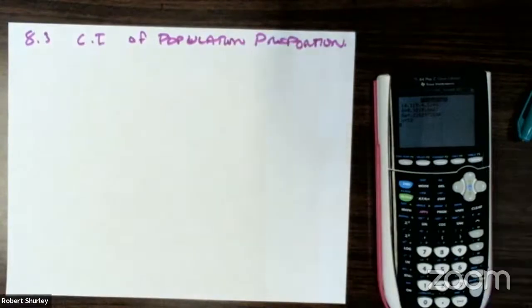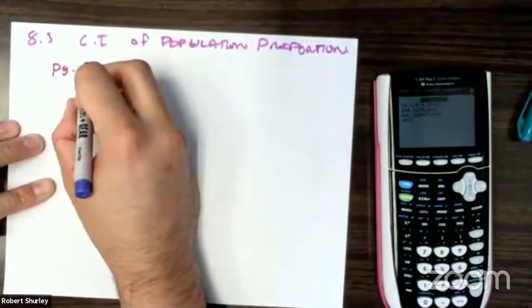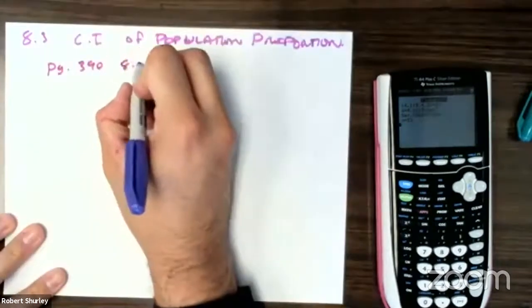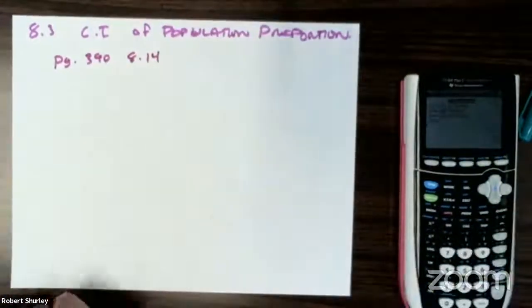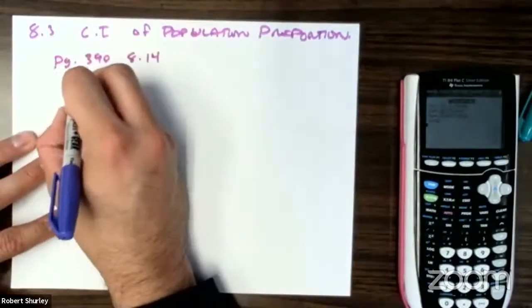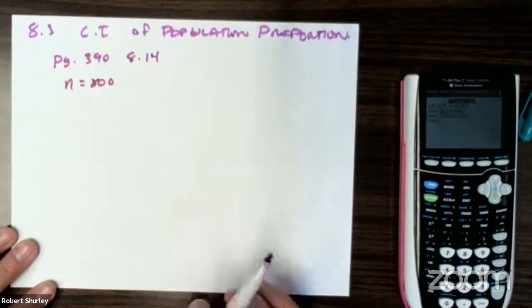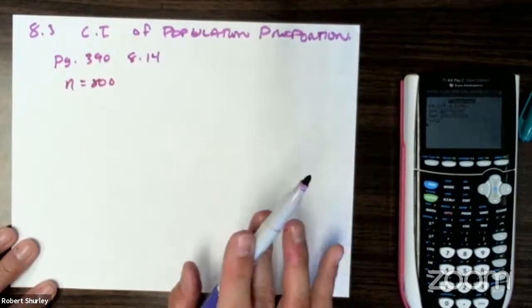This is example 8.14 on page 390. It talks about music, and it says in a survey of 800 parents, 632 said that music education has a positive effect on academic performance.